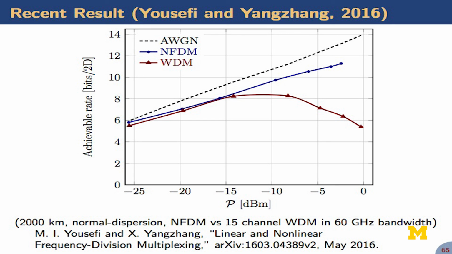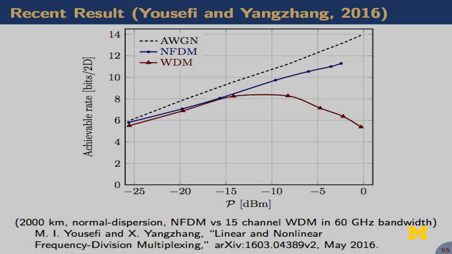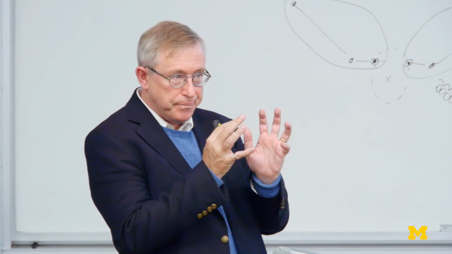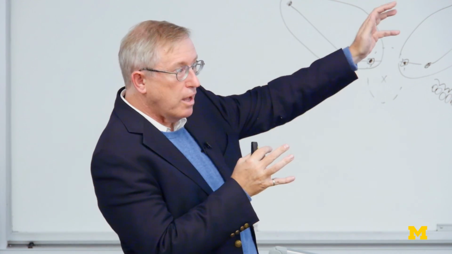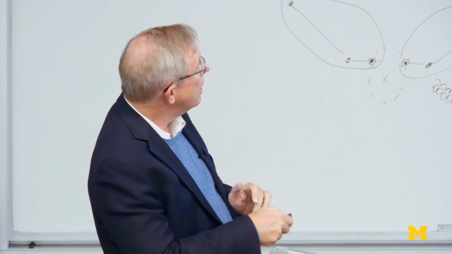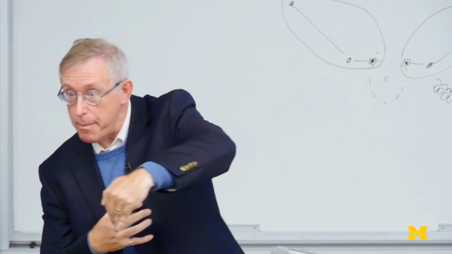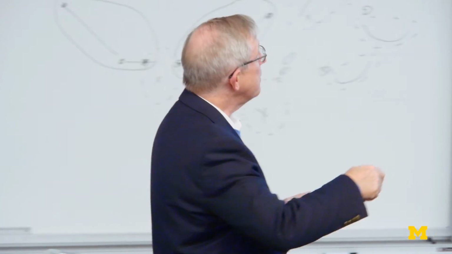Recently, just this year, my former student Yousefi, with his student, now my grad student, demonstrated with numerical experiments that they could break those curves from before. They compared a WDM type setup with this type of nonlinear division multiplexing, and showed that even at the point where the WDM starts to drop off, this system keeps going.